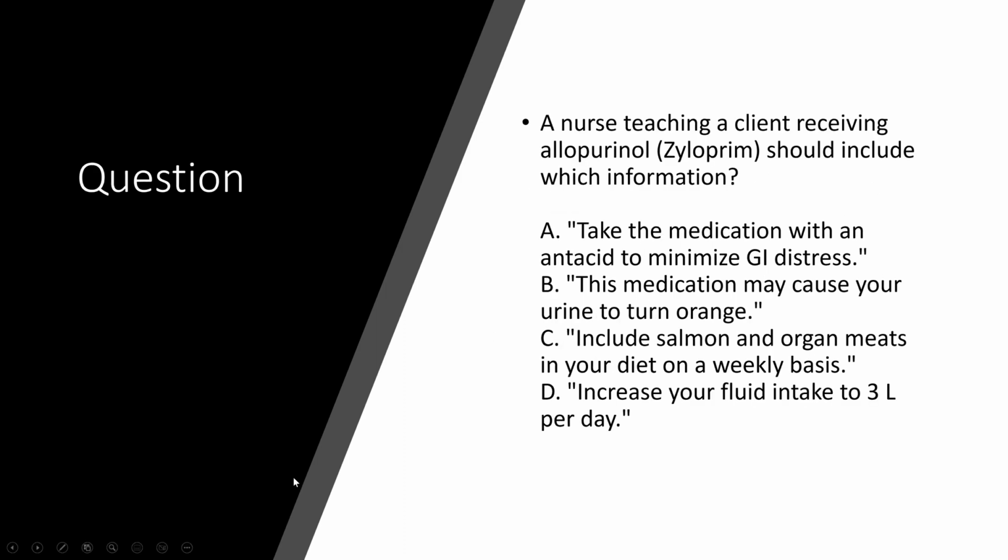Okay. A nurse teaching a client receiving allopurinol should include which information? A, take the medication with an antacid to minimize GI distress. B, this medication may cause your urine to turn orange. C, include salmon and organ meats in your diet on a weekly basis. Or D, increase your fluid intake to 3 liters per day.